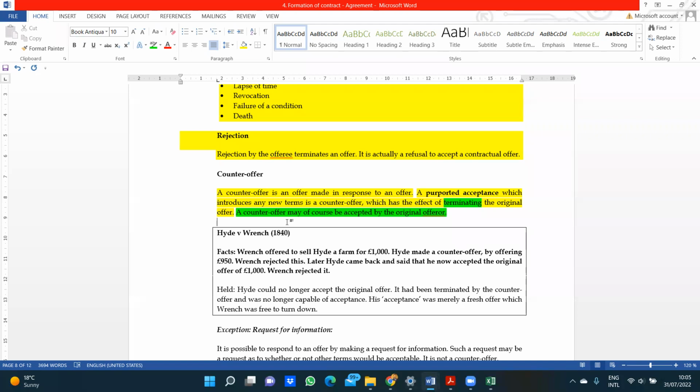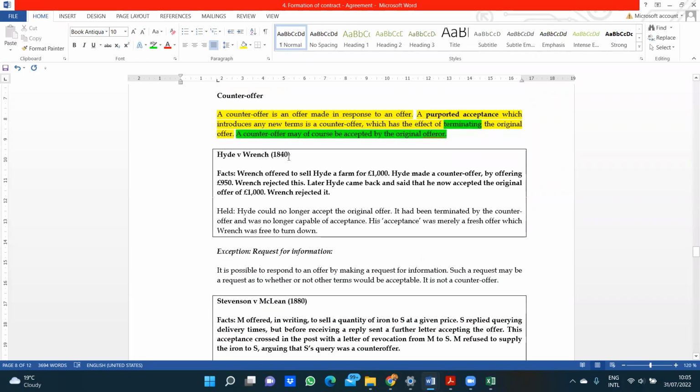The original offerer has the right to accept or reject it. This is normal. But what is important is that when there is a counter offer, the original offer is terminated and a new one is made in response to it.